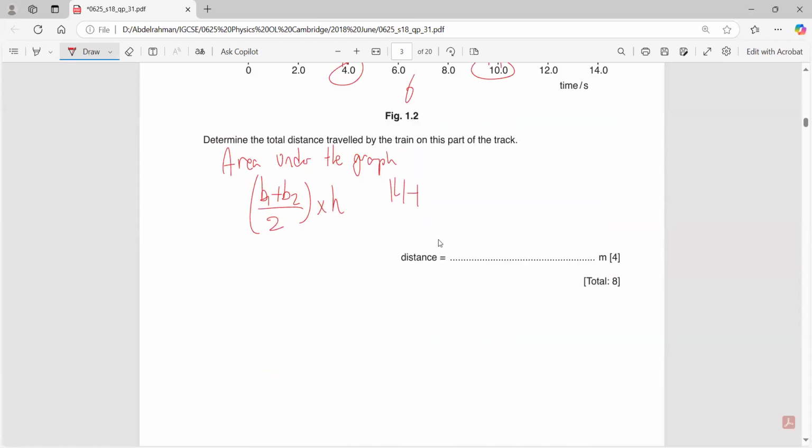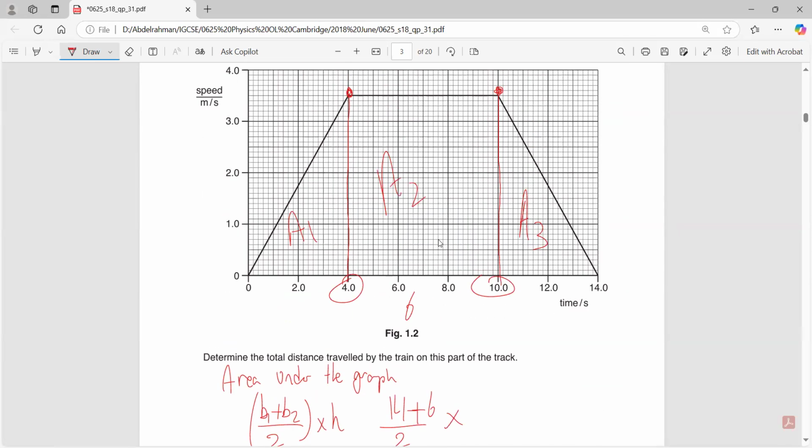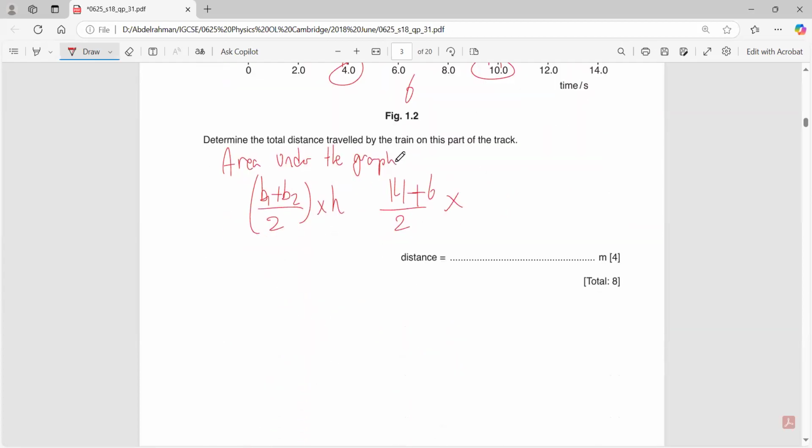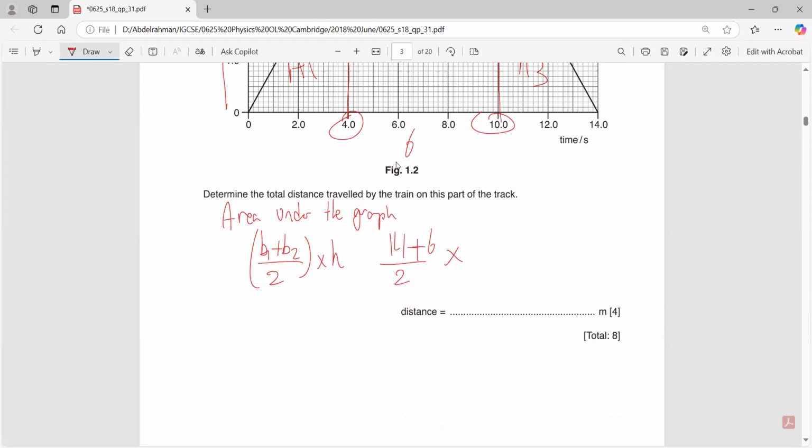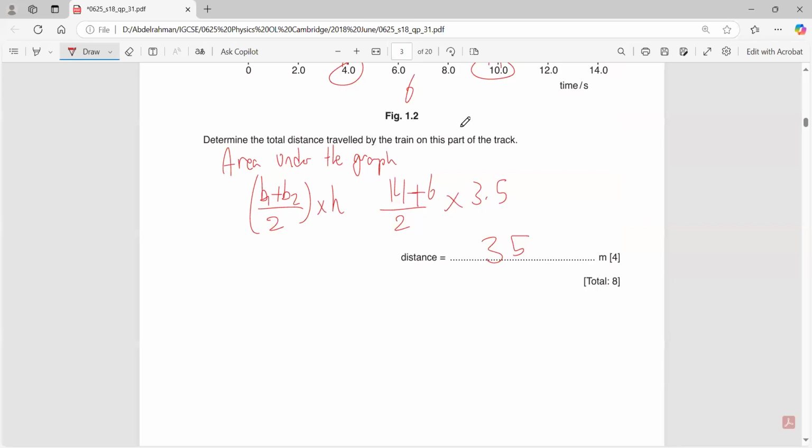So 14 plus 6 over 2 times the height. What is the height? The height is all the way up to this point, which is 3.5. So this is 20 over 2 times 3.5, which is 35 meters. Yes, good. Let's go on.